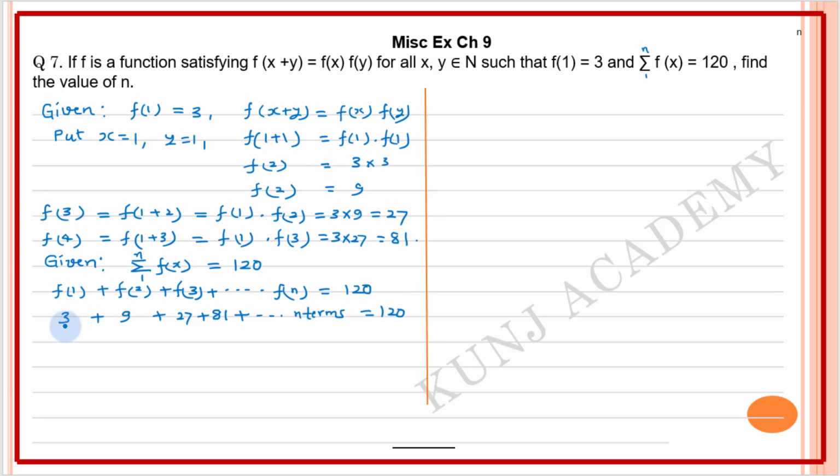This is a GP whose first term a is equal to 3 and common ratio r is equal to 9 upon 3, which is 3.